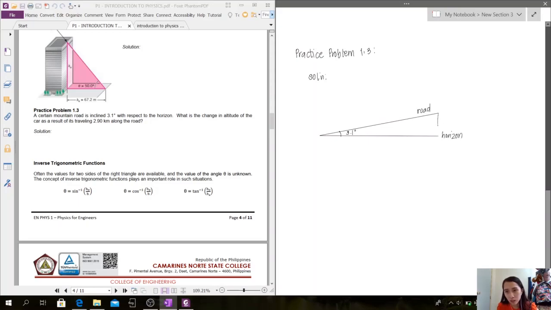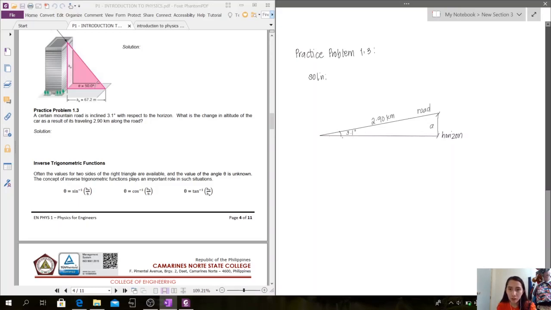So we are asked to find the distance here, or the change in altitude. Let's denote that as A. So you have traveled 2.90 kilometers along the road. So may na-form tayong right triangle.